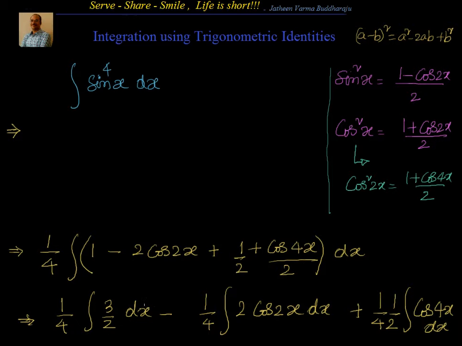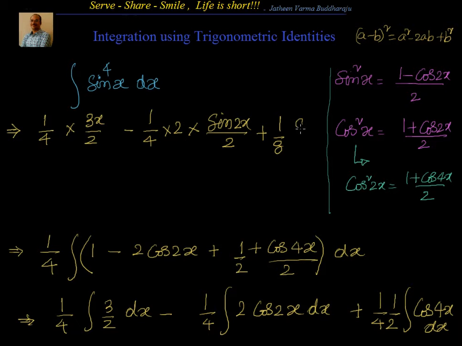Now the integral of 3 by 2 is 3x by 2, so can I write it as 1 by 4 into 3x by 2, minus 1 by 4 into 2 into the integral of cos 2x, which you know is sin 2x by 2. Then what is left is plus 1 by 8 into the integral of cos 4x, which is sin 4x by 4.